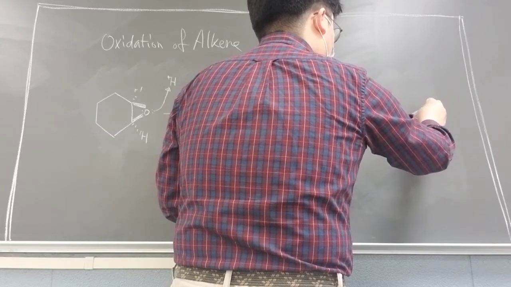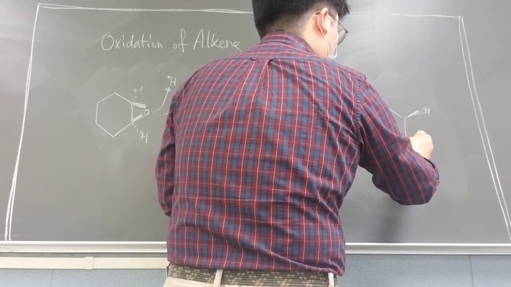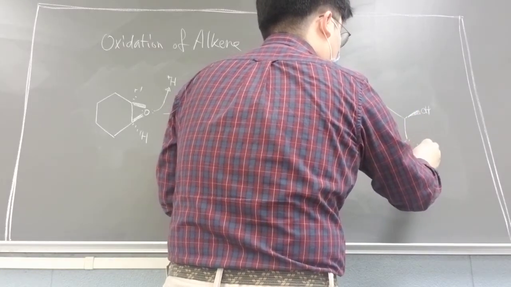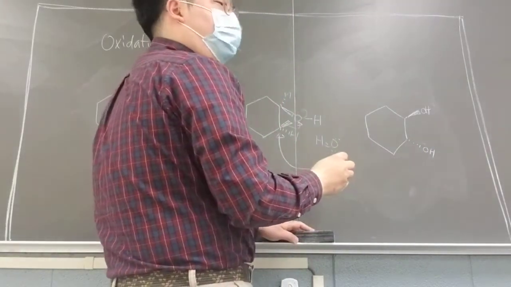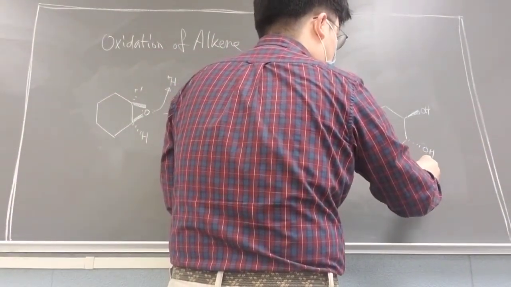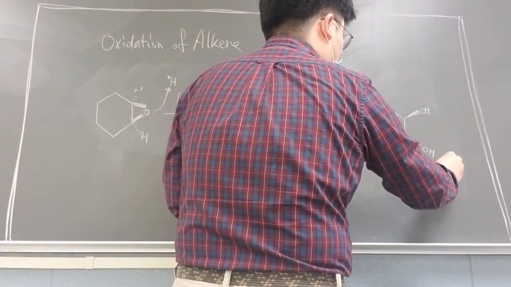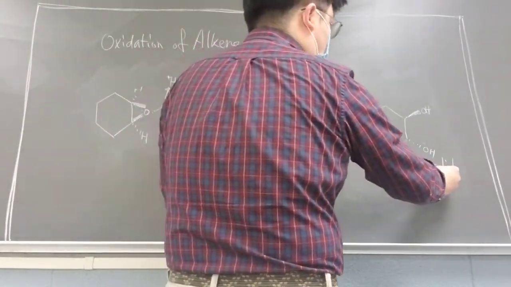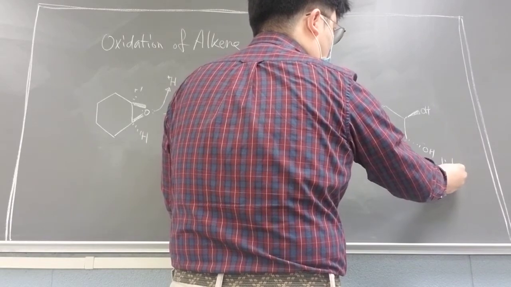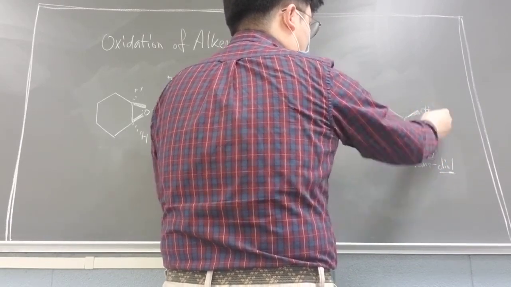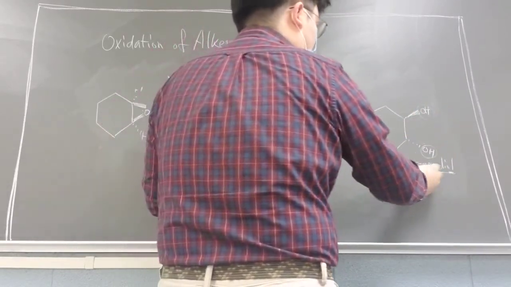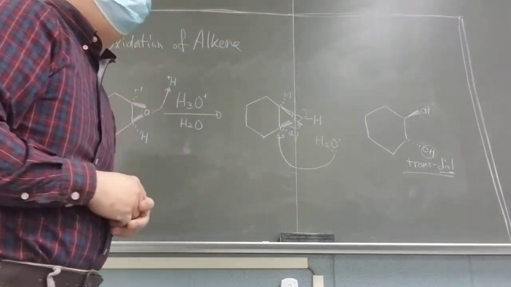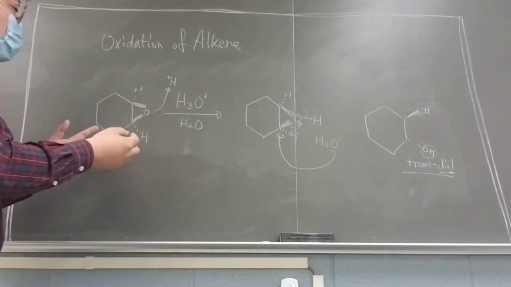Okay. So eventually, you're gonna have the hydroxyl group attached on the opposite side. So we call this a trans diol. So the trans means it's on the opposite side. Diol means there are two alcohol hydroxyl groups. You don't have to know for now, but this is how you make the trans diol.